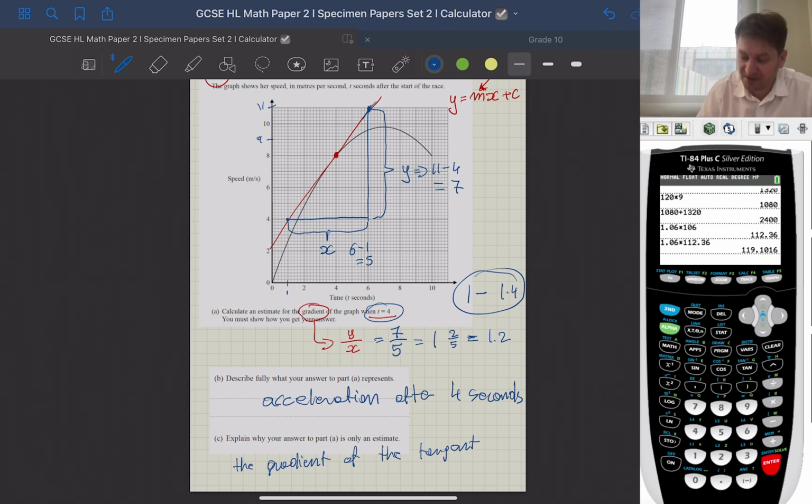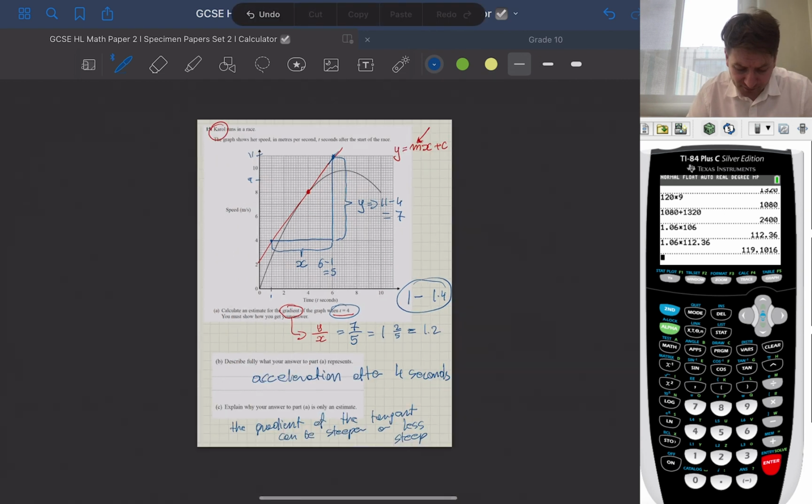It can be steeper or less steep. It could be steep or a little bit more shallow, right? So it depends how you draw that tangent, and therefore that would affect the values of x and values of y. All right, there you go.